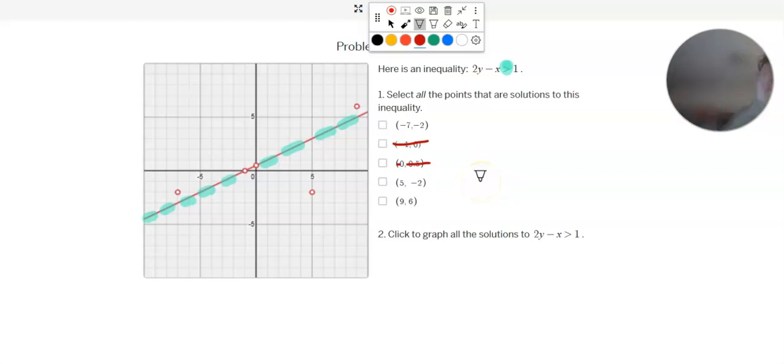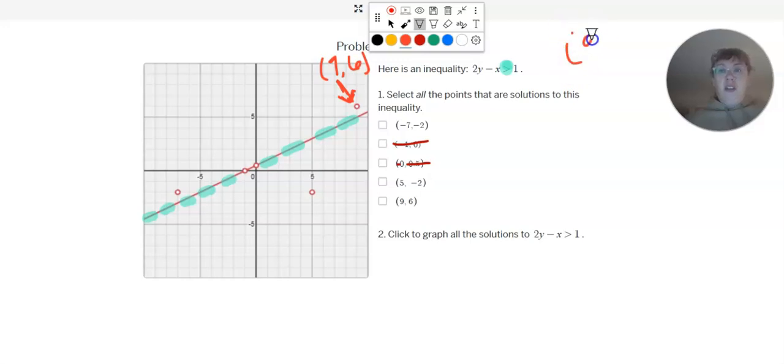Now, we're either going to be shading above or below this line. We see 2 points above, 1 point below. So I'm going to test this point here because it's positive numbers. I love positive numbers, which is 9, 6.